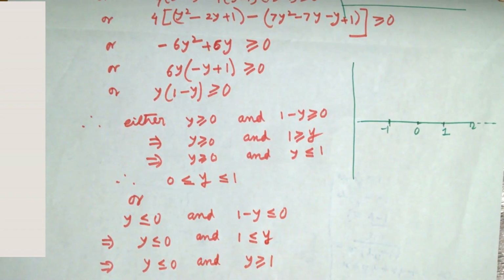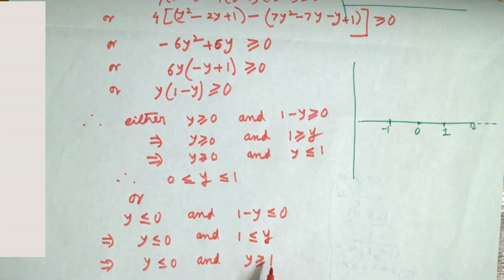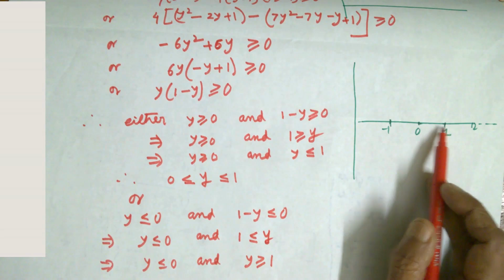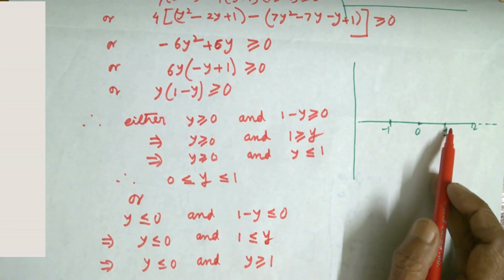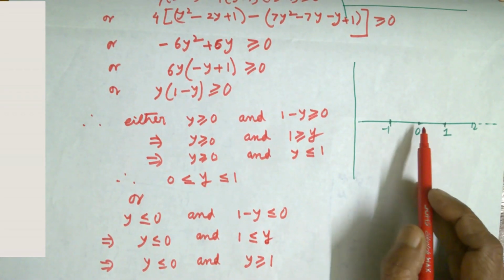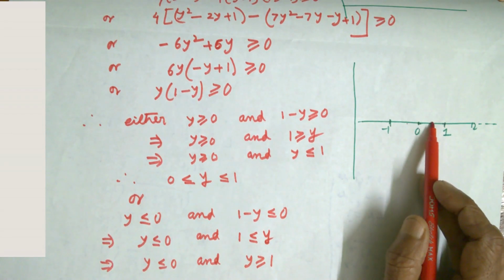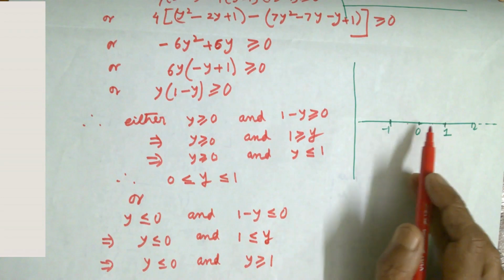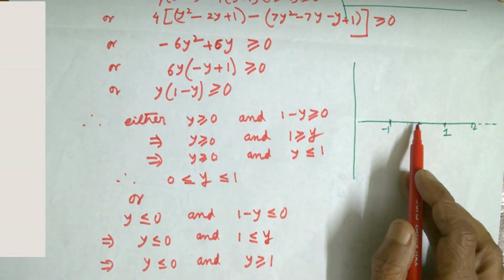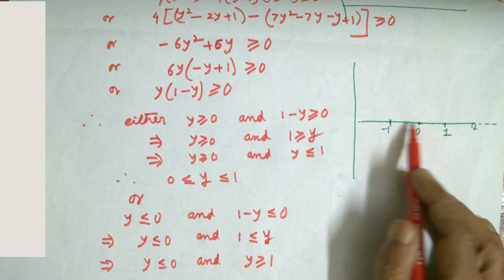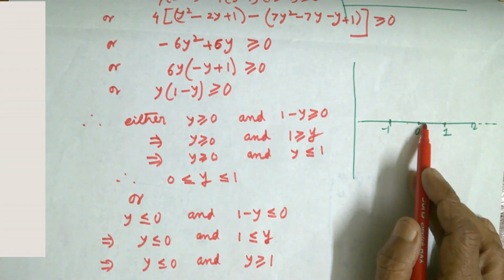Now consider these two values with respect to the number line. y less than or equal to 0 lies on this side and y greater than or equal to 1 lies on the right side. One value cannot fall on both sides of 0 simultaneously.